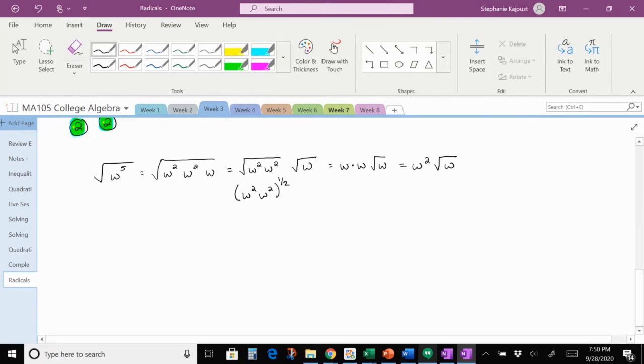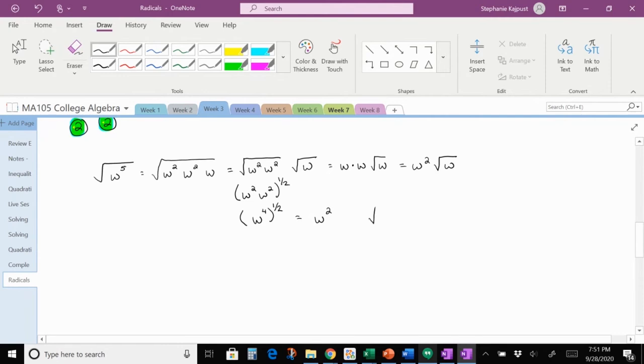With the w times w that I have to the 1/2, I could have instead grouped it in things that I can divide by 2. So instead of doing 2 w squareds multiplied together, I could have done a w to the 4th times w. If you follow the rules of exponents here, 4 times 1/2 is 2, and so you're left with w squared.